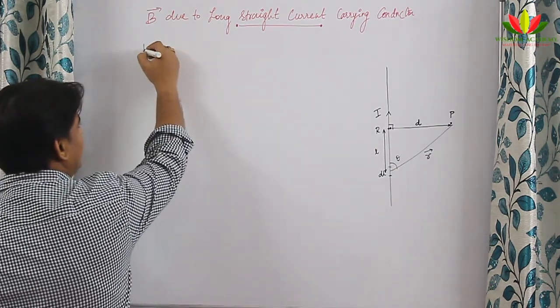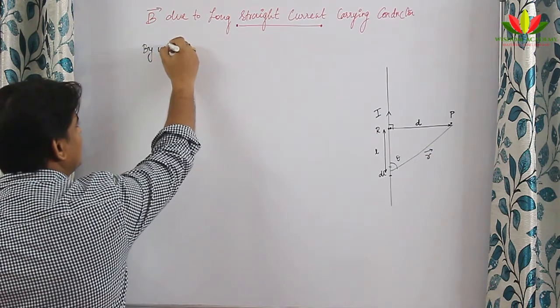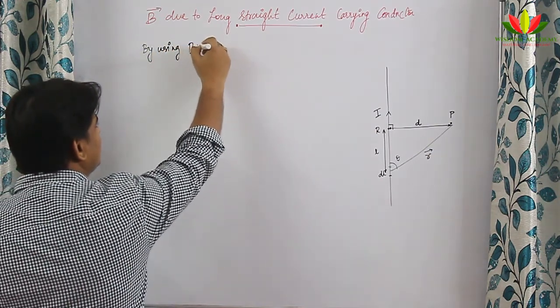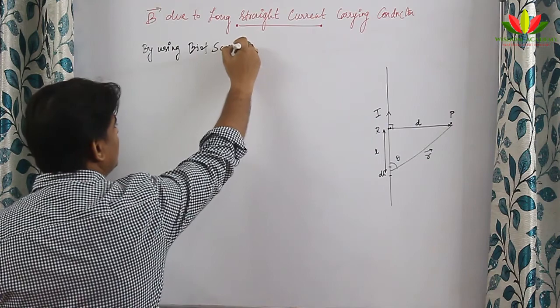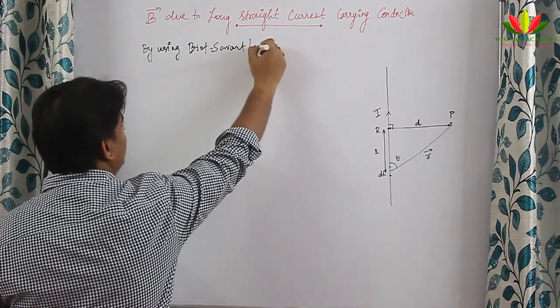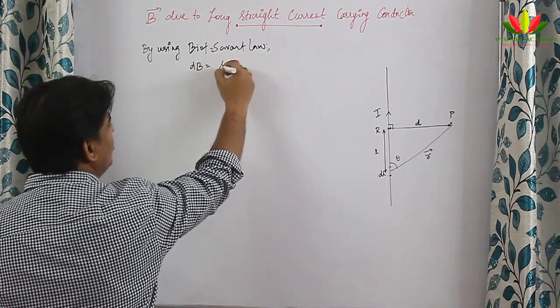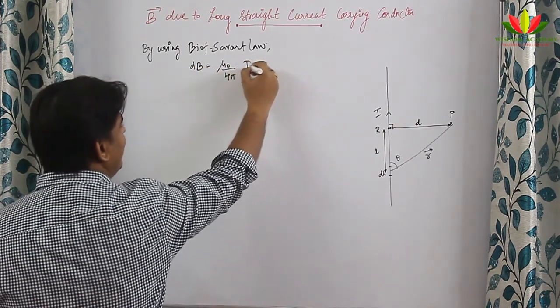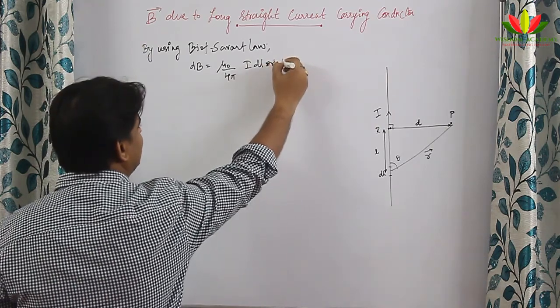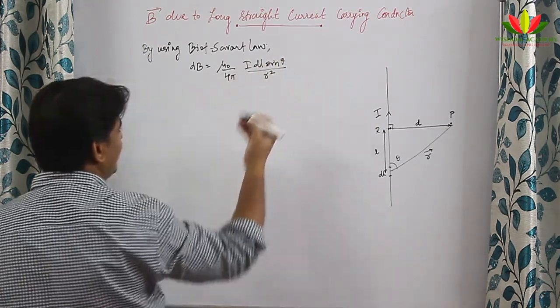Now let us apply the Biot-Savart law. By using Biot-Savart law, we know that dB is equal to mu naught by 4 pi into I dl sin theta by R square.